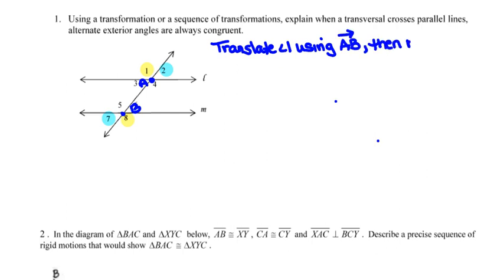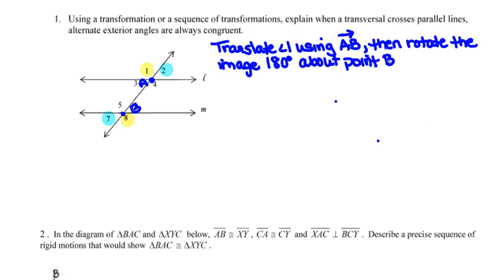Then rotate that image 180 degrees about point B. This sequence will map angle 1 onto angle 8.